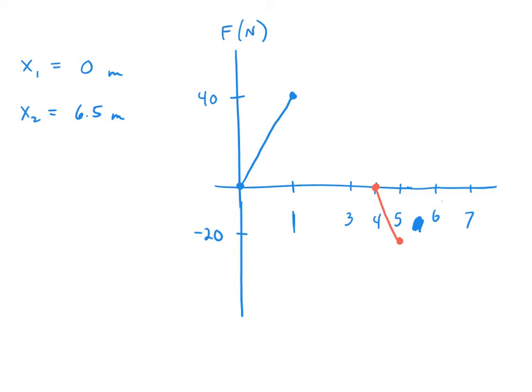It then says, the block's kinetic energy at x1 is equal to 280. So let's jot that down. The kinetic energy at the position of x1, we'll call that 1, is equal to 280 joules.